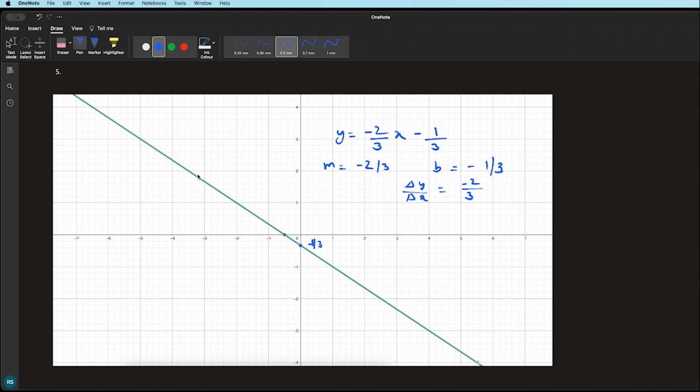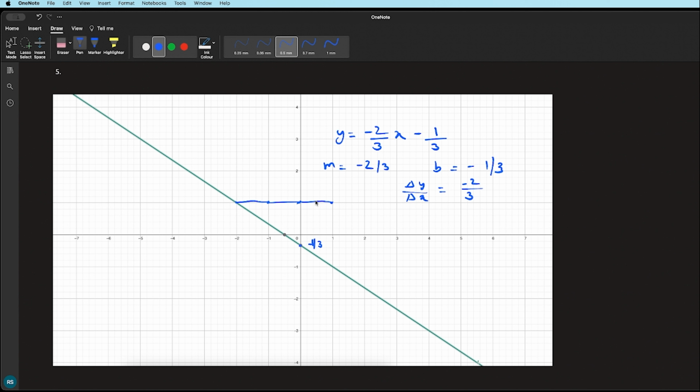If you want to explore how this works, let's start from this point. We are going in a horizontal direction, and the change in x is by 3 units. Let me count it: 1, 2, 3.